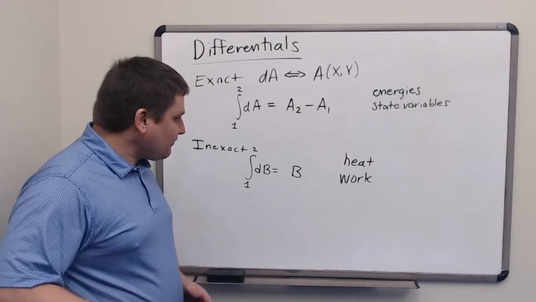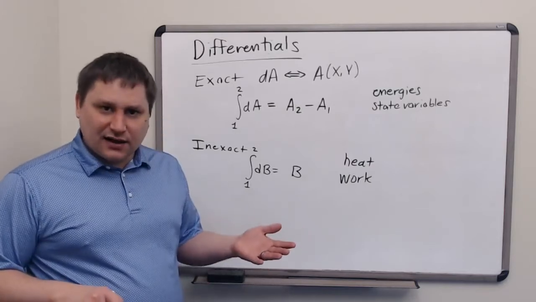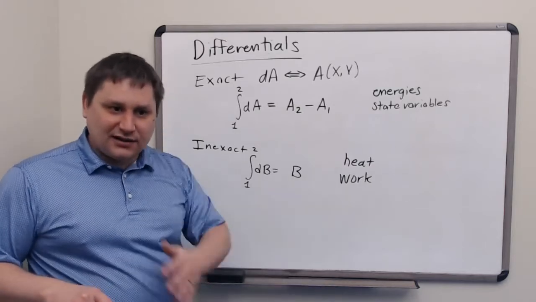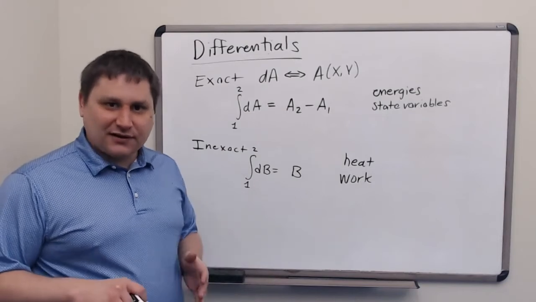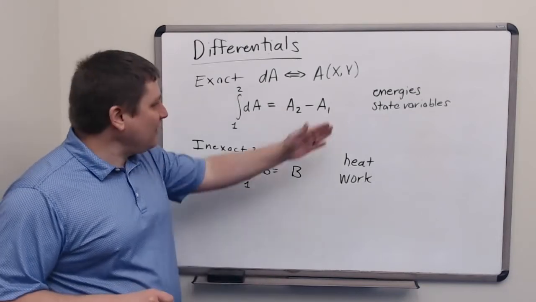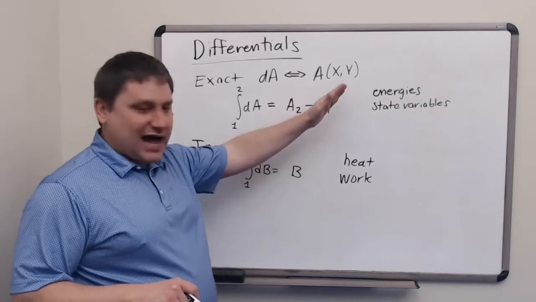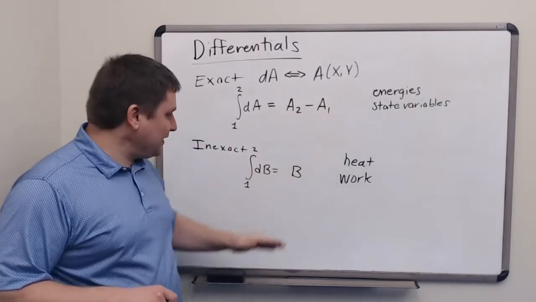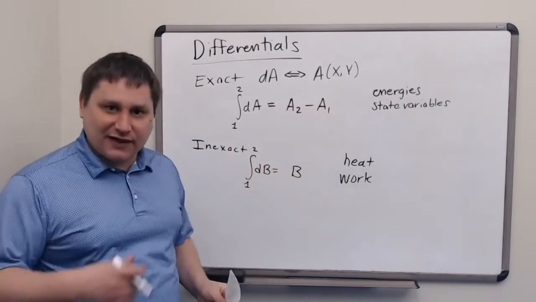So if you start in some initial condition, go do some path, and return to the same condition at the end, all of these exact differentials would have no overall change. But the inexact differentials can accumulate some value.